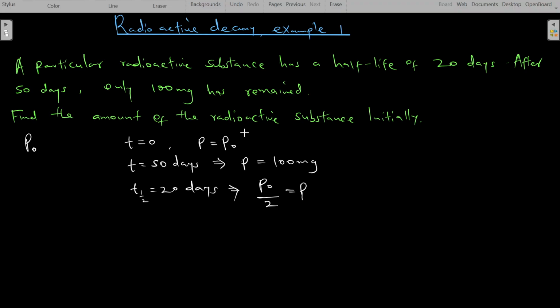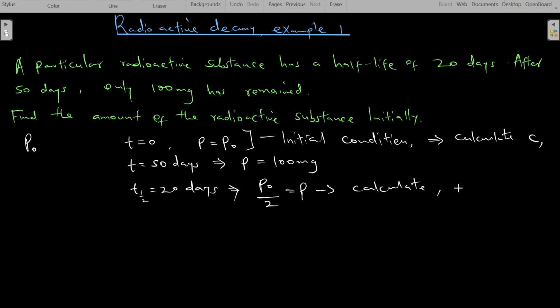So we will take this as our initial condition, which will enable us to calculate the value of C. So we calculate C from this point, and then from this concept of half-life, we will be able to calculate the value of our decaying constant, which is lambda.